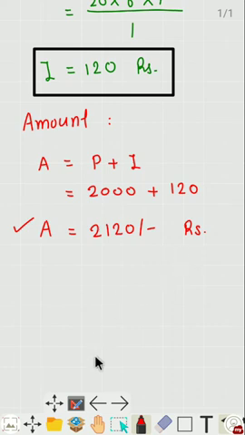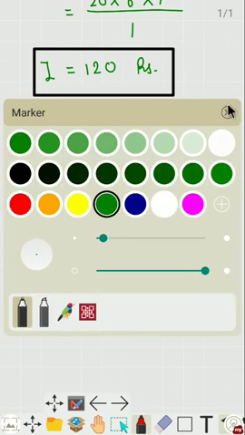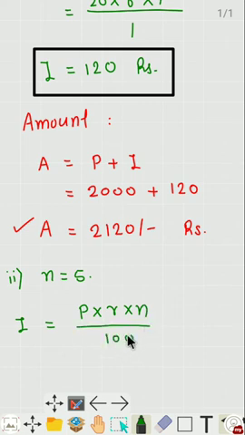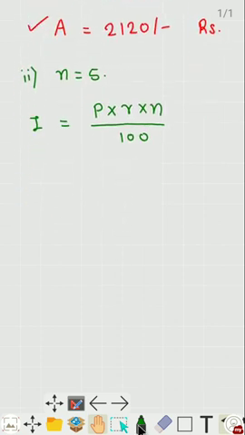So let us go to the second case. The second case is 5 years, so n is equal to 5, and after 5 years the simple interest which we get is given by the formula P into R into N, whole divided by 100. It is equal to P is 2000 into R is 6, but N will change.